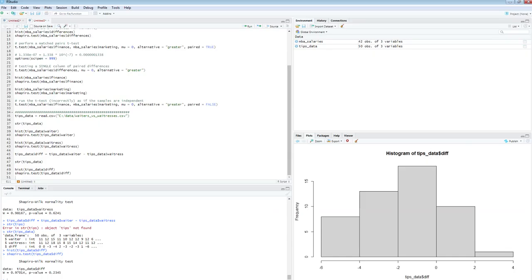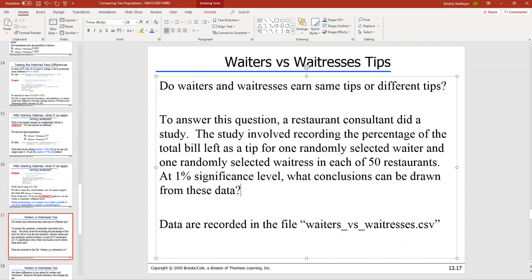That's another big question. So let's go back to the main question here: do waiters and waitresses earn same tips or different tips? That is my question, right? Same means tips are equal to each other, different tips are not equal to each other, right? That's my null and alternative, equal versus not equal.